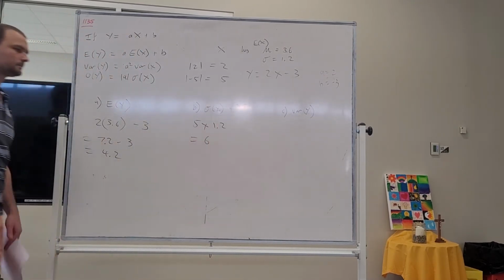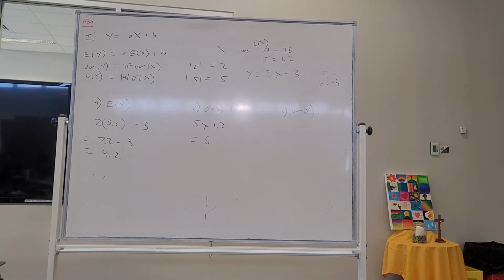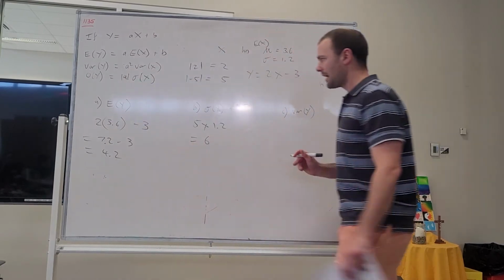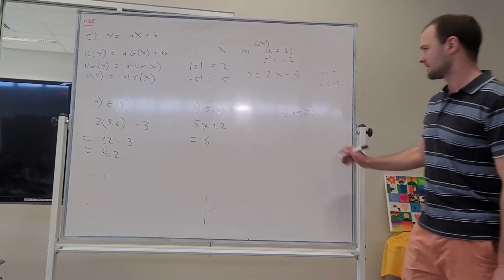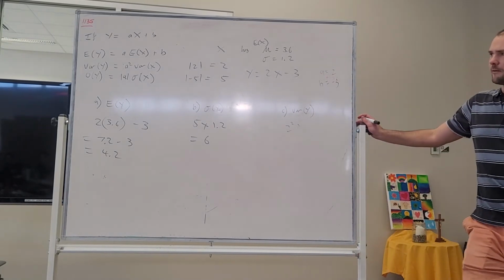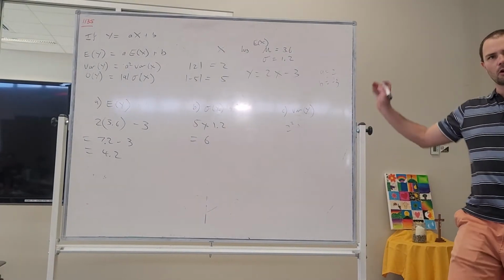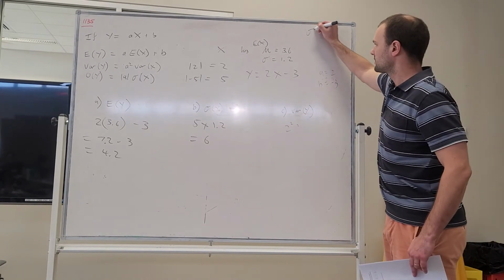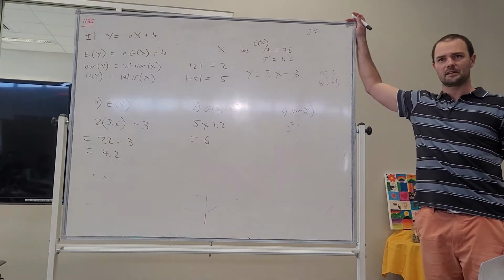And then last one, the variance of Y is A squared times the variance of X. So that's going to be 2 squared times. Now the variance of X, we're not told the variance of X here, but in the last lesson we said the relationship between standard deviation and variance.